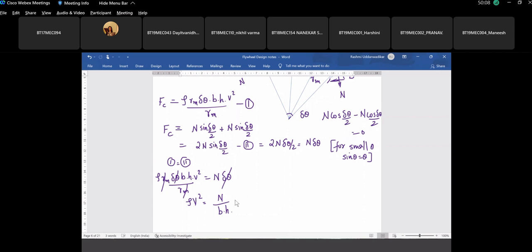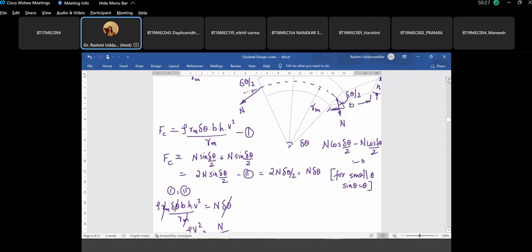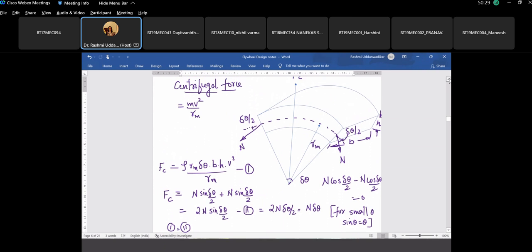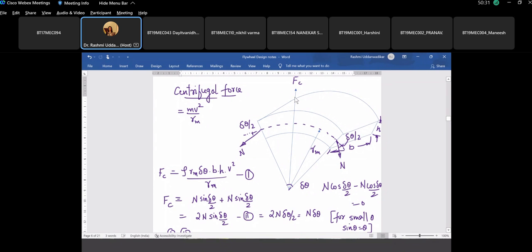What is N by bh? N is the normal force which is acting on a surface whose cross section is b by h. So what is this force by area? This is the stress. And do you know what is this stress? Because of the centrifugal force which is acting radially outwards, what is the direction of centrifugal stress?